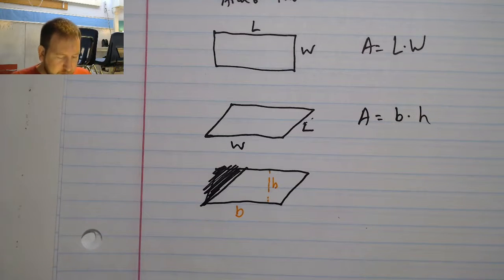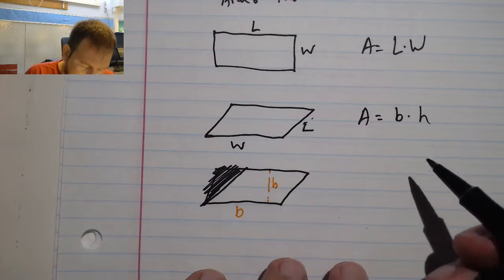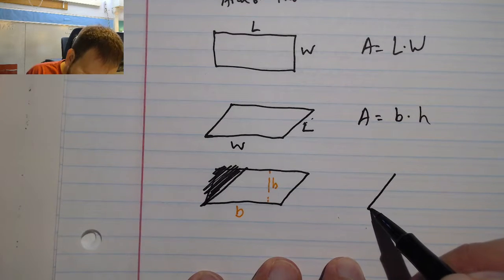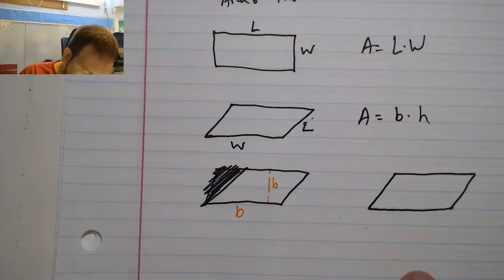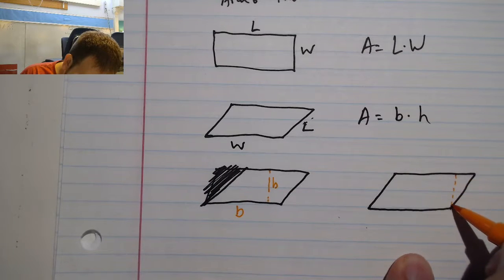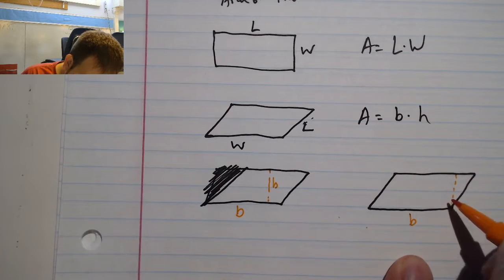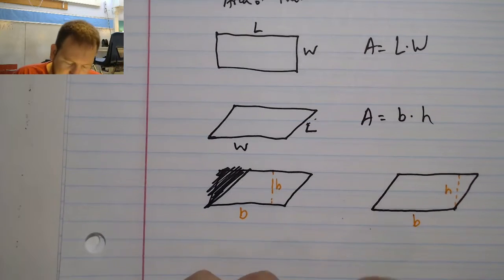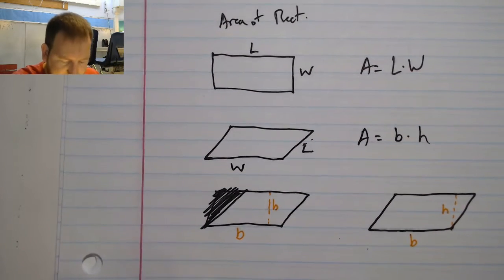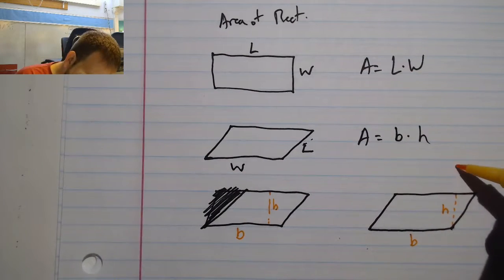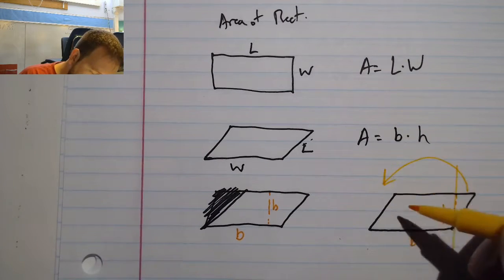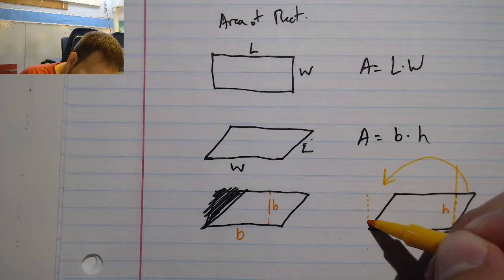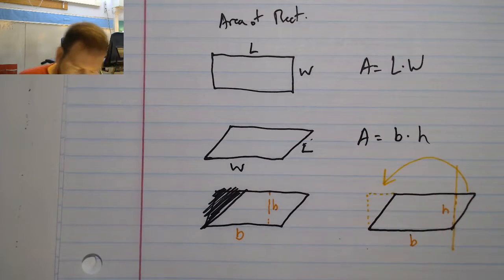And what you'll notice is if I tried drawing another parallelogram over here, let me see. I can do it a little better. And if you imagine that my height is this part right here, this is my base, and this is my height, and if I sliced off this piece, kind of cut it off right there, and then I moved it over here, it would actually complete my rectangle.